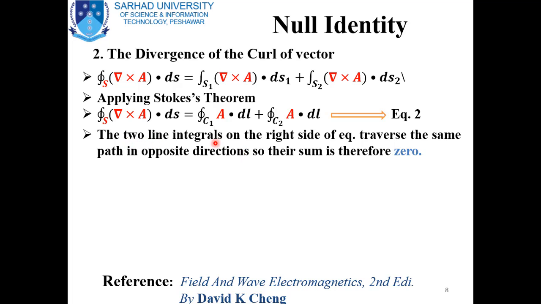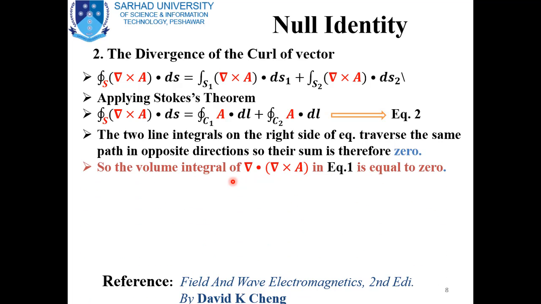These two line integrals on the right hand side of the equation traverse the same path in opposite directions, so there will be a positive and a negative term. So the sum of these two line integrals will be equal to 0, and thus the volume integral of del dot del cross A in equation 1 becomes 0.